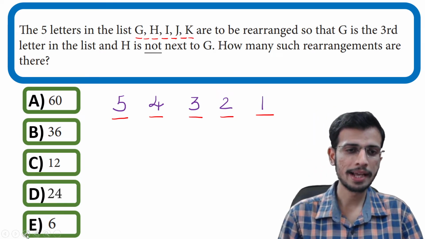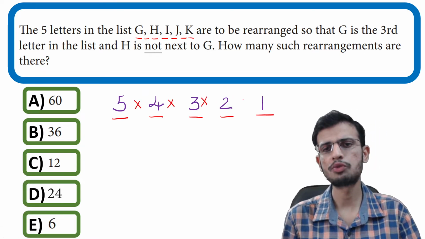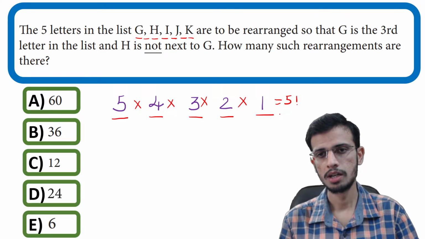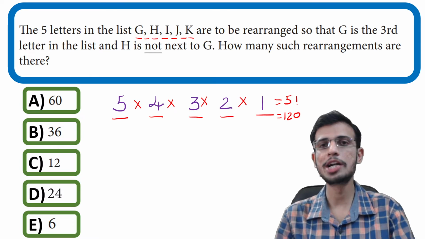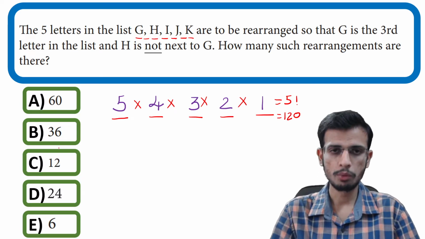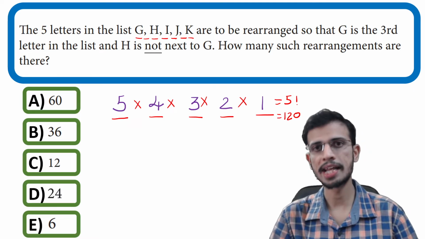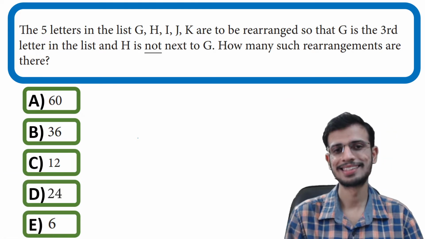So we multiply this, and arrangements will be 5 factorial, that is 120. We are not having any constraint, so the answer will be 120 if we arrange them without any condition. But here we have a condition, so we follow that condition.